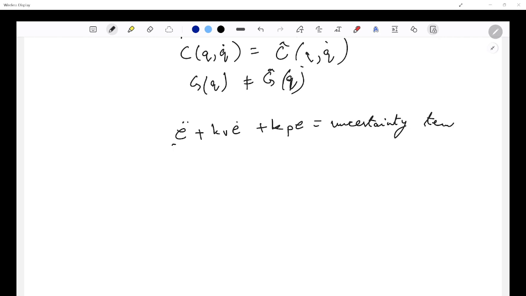What does this lead to? We have tracking error and instability. Computed torque control is powerful, but it is model dependent.